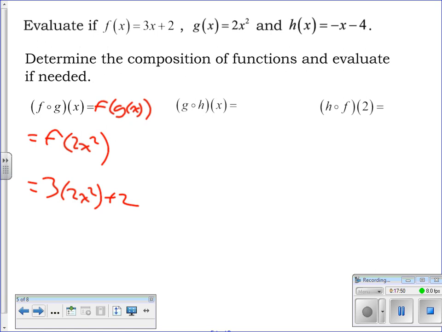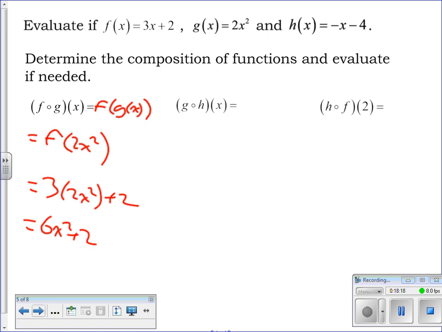I took g and stuck it inside f. G is 2x squared. I stuck it inside of f, 3x plus 2. Simplify. 6x squared plus 2. The trick to this is understanding which one goes inside the other. That's the trick to getting this one right.